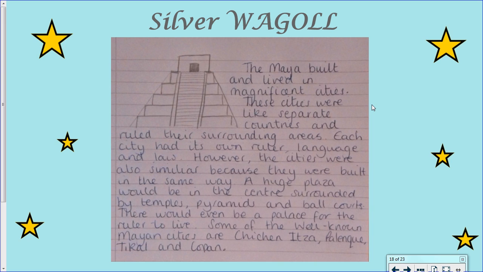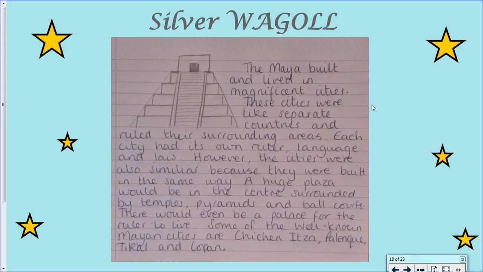There would even be a palace for the ruler to live. Some of the well-known Mayan cities are Chichen Itza, Palenque, Tikal and Copan. So make sure you include a list of some of the key city names, okay, and just explain how those cities were similar and different.